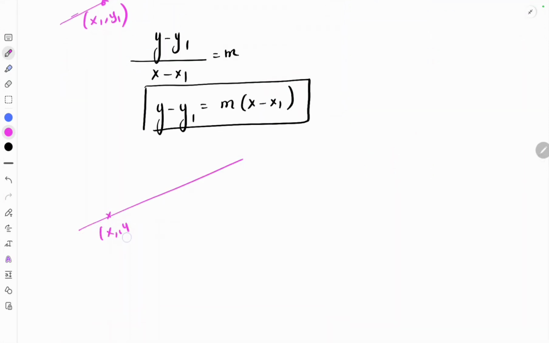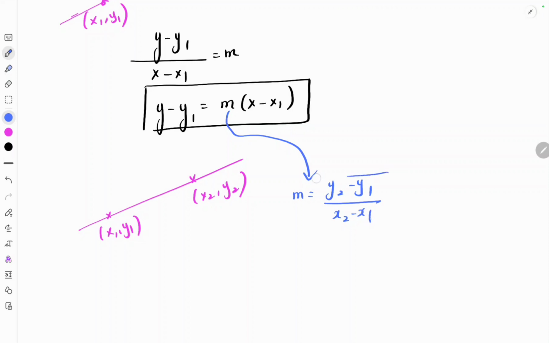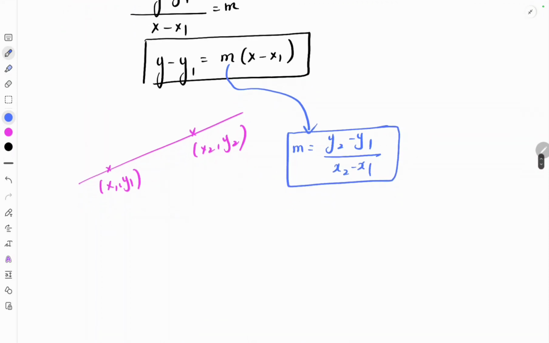Suppose if 2 points are given, x1 comma y1 and x2 comma y2. So this formula itself we can use in place of m. If m is not given, we can find the m value, because if 2 points are given, easily we can find the slope. So y2 minus y1 by x2 minus x1. So this is the m value. So just we can substitute here.